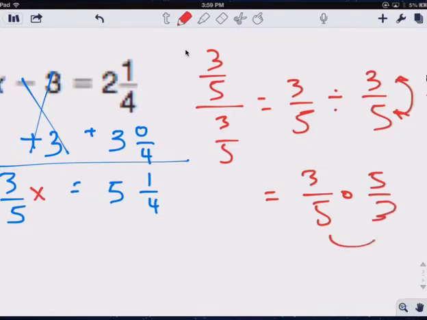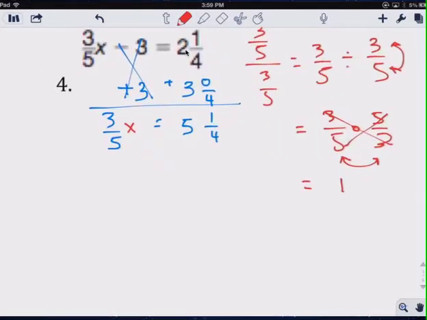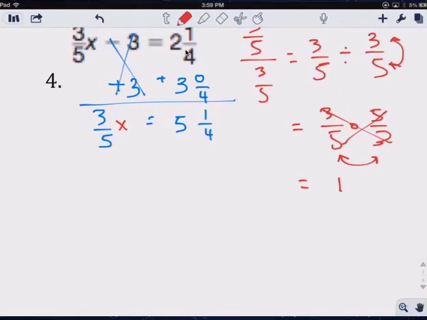Notice they're the reciprocal of each other. They cancel out and equal 1. So therefore, instead of dividing each side, we can just automatically say we're going to multiply each side by 5 over 3. Okay? You do it that way. That way you solve that.